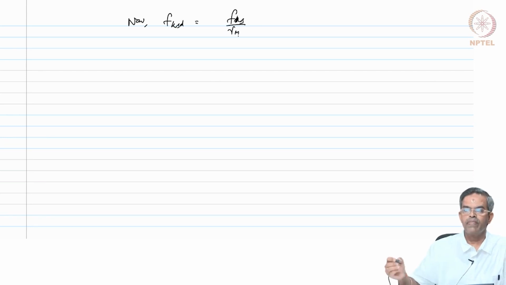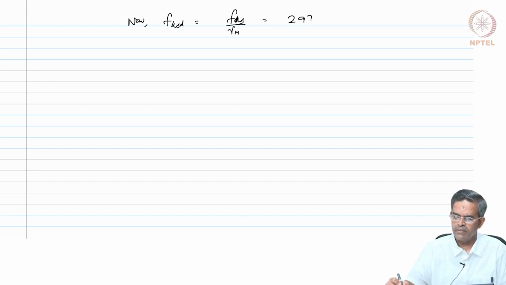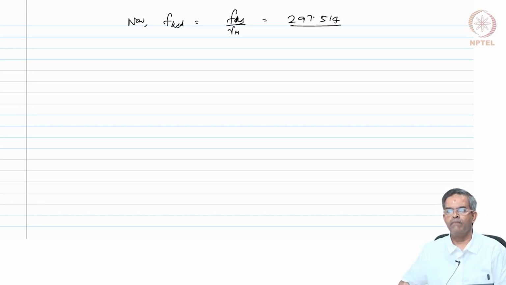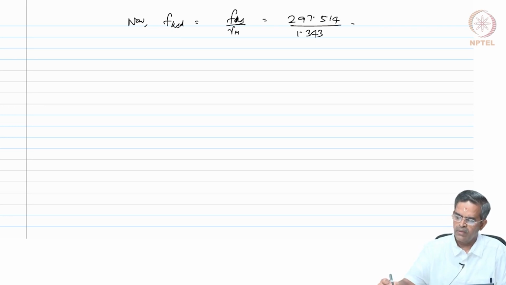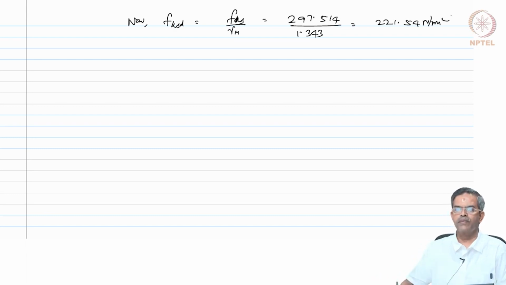Once we get gamma m, I can now find Fksd, which is nothing but Fks by gamma m, which is going to be 297.514 by 1.343, is it not, which is going to be 221.54 Newton per mm square.